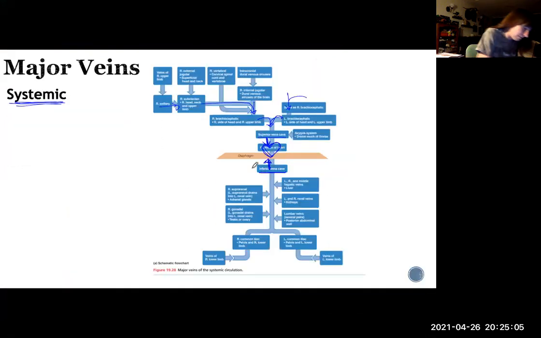Before I get too far, a structure that we will look at in a minute. And then, like I said, we've got brachial, we've got radial and ulnar. The problem is that we have a couple of other things here too. So we're going to look at those when we get to the arm specifically.